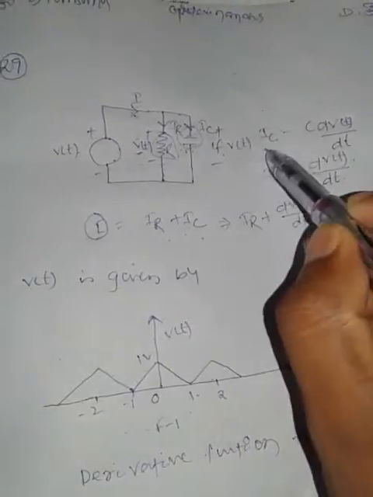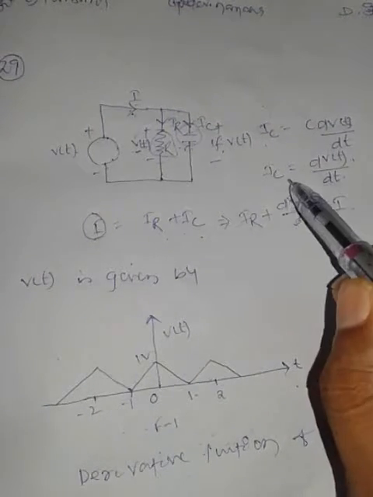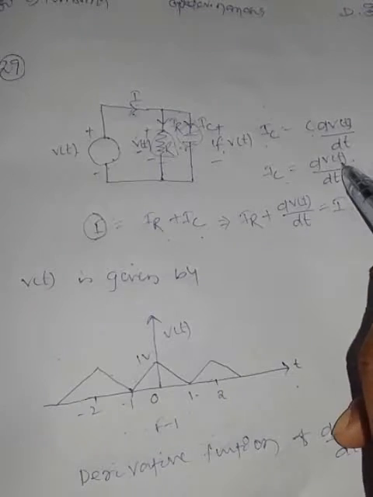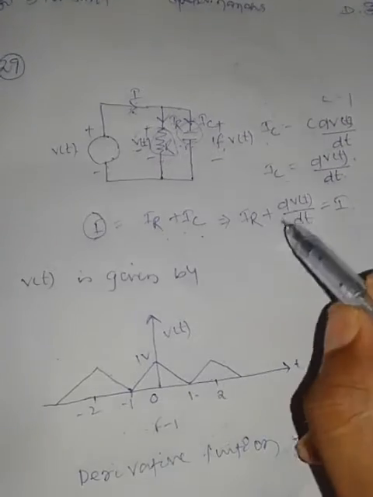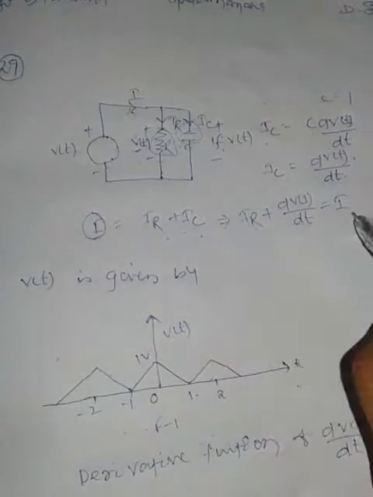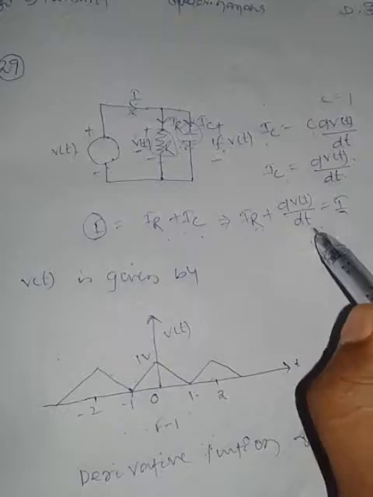So IC we can calculate as C dV of t by dt. IC is equal to dV of t by dt, because C is given as 1. So I is equal to IR plus dV of t by dt.